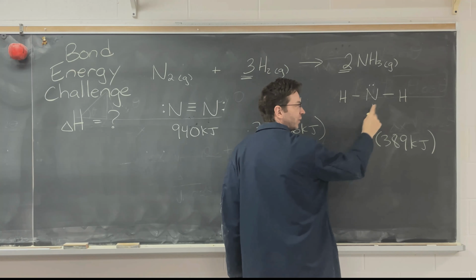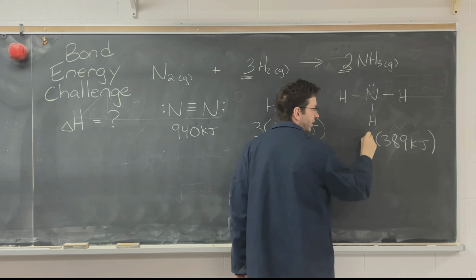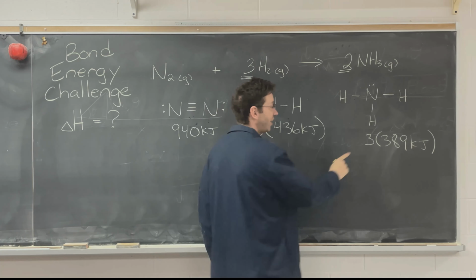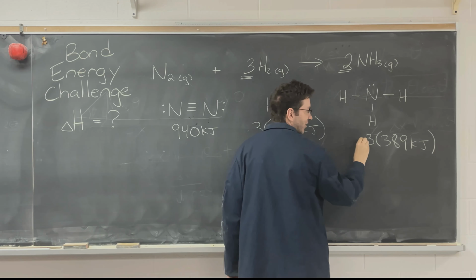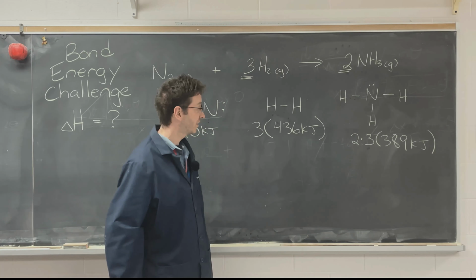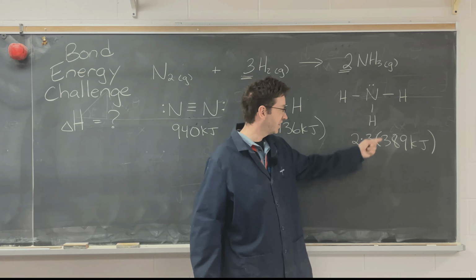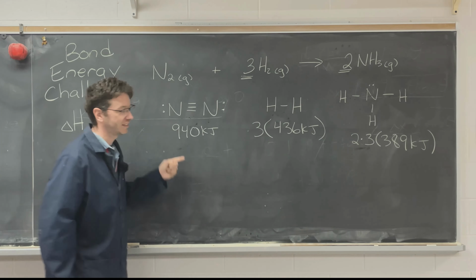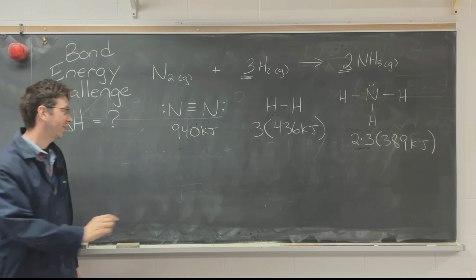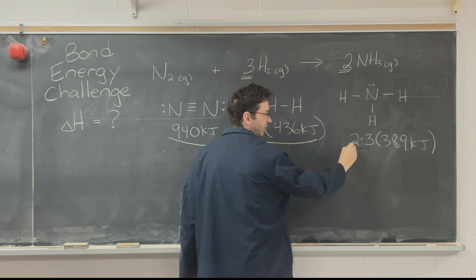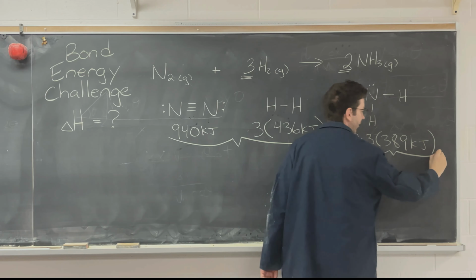But we have 3 of these within our 1 molecule of ammonia, and then we have 2, so I'm going to multiply by another 2 molecules of ammonia. So we have a total of 6 of these bonds, and a total of 3 of these, and 1 of these. All right, so what we need to do is calculate what this is, and what this is.